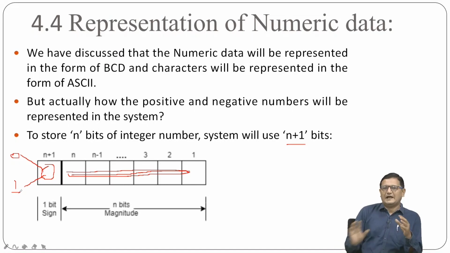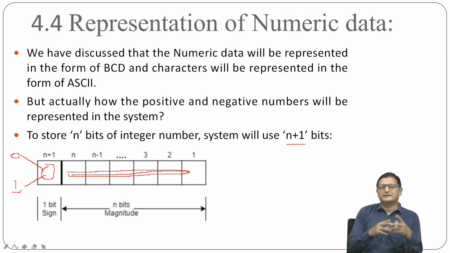So see, whenever you have an n bit number, it will be represented in the computer's memory using n plus 1 bits. Why 1 bit extra? Obviously to store the value we use n bits, but the extra bit is used to represent the sign.